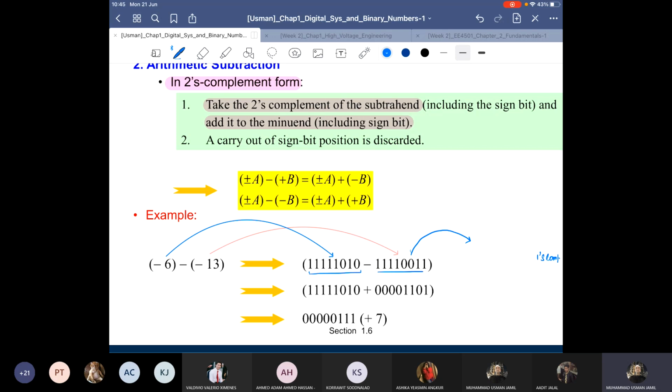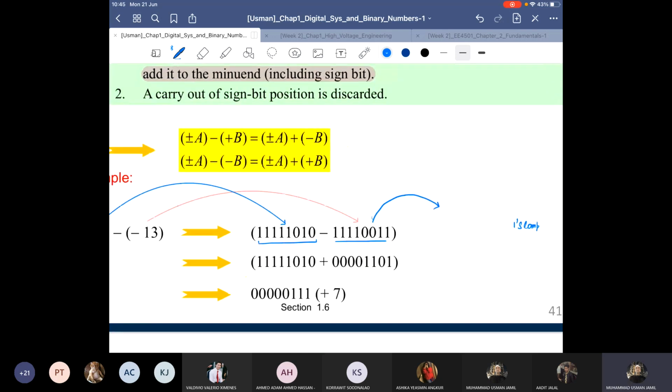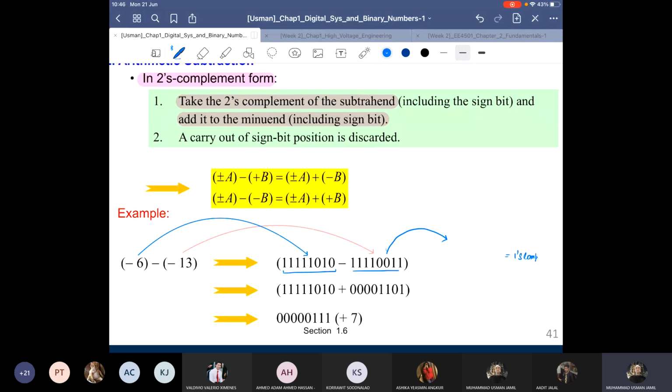The 1's complement is 0, 0, 1, 1, 0, 0, 0, 0. Now we want the 2's complement, which means add 1 to the binary number. So this is 1, 0, 1, 1, 0, 0, 0, 0.